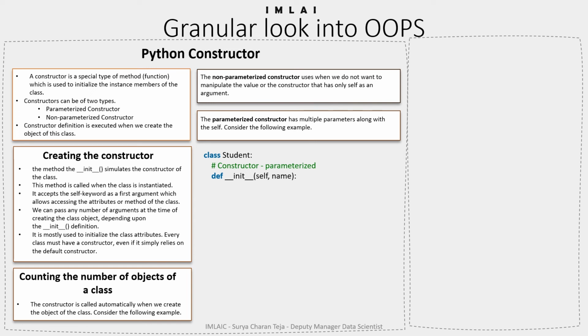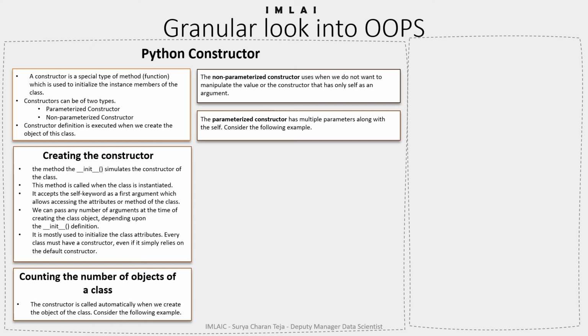So here, as we are creating a function, we call it a parameter. When you include a parameter other than self, it is called a parameterized constructor. This is a parameterized constructor. So that's it. This is the output we can see.